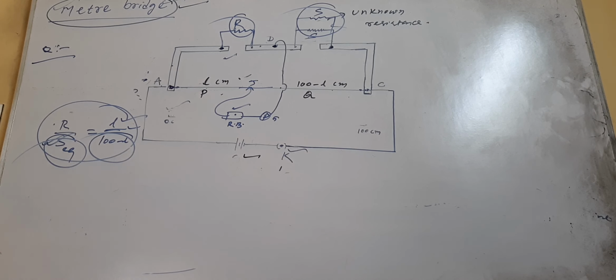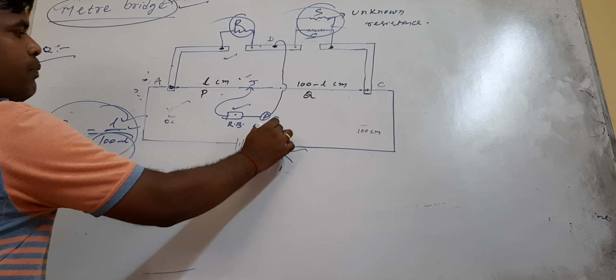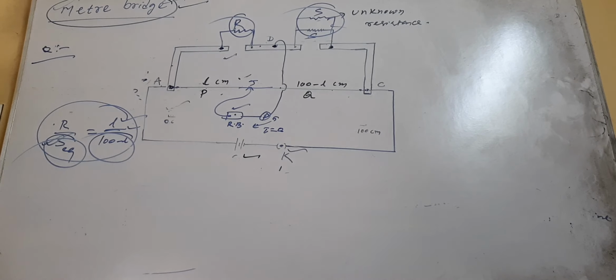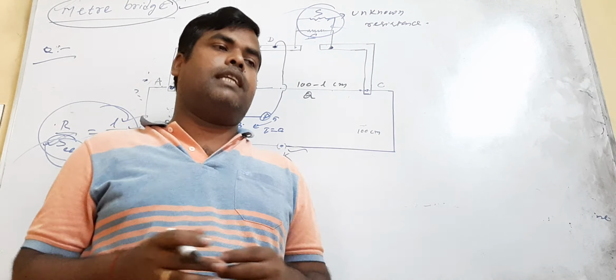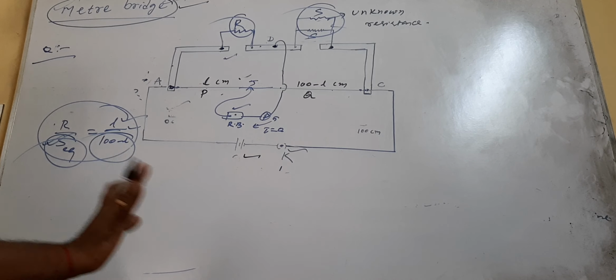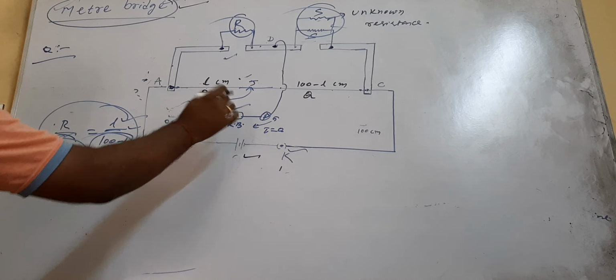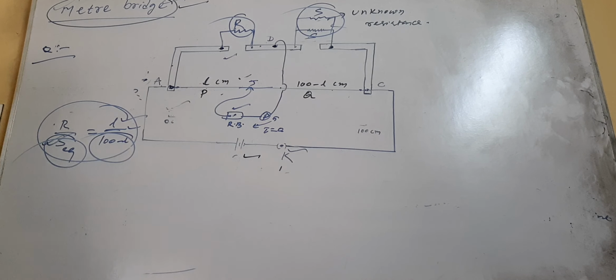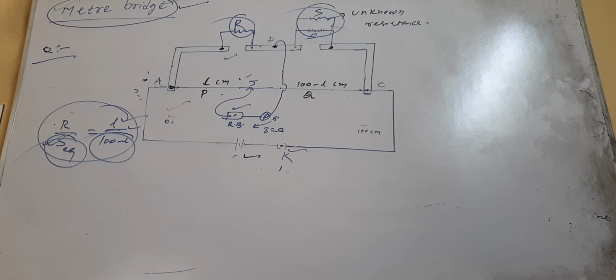Because null point means no current flows through the galvanometer. If no current flows through the galvanometer, no current flows through the resistance box. Already told, if no current flows through any resistance, you can ignore that resistance. That means the null point remains the same, whether you increase or decrease the resistance value in the resistance box in series with the galvanometer.